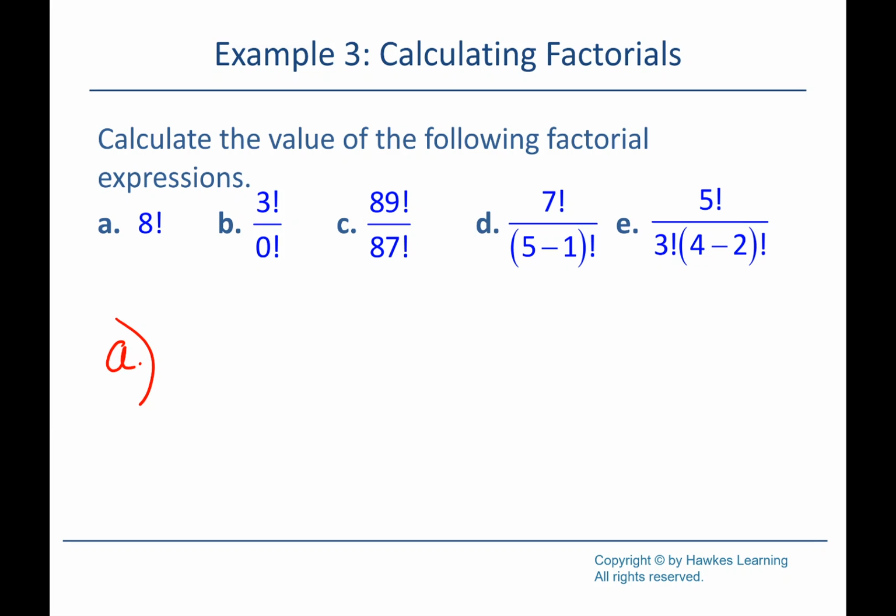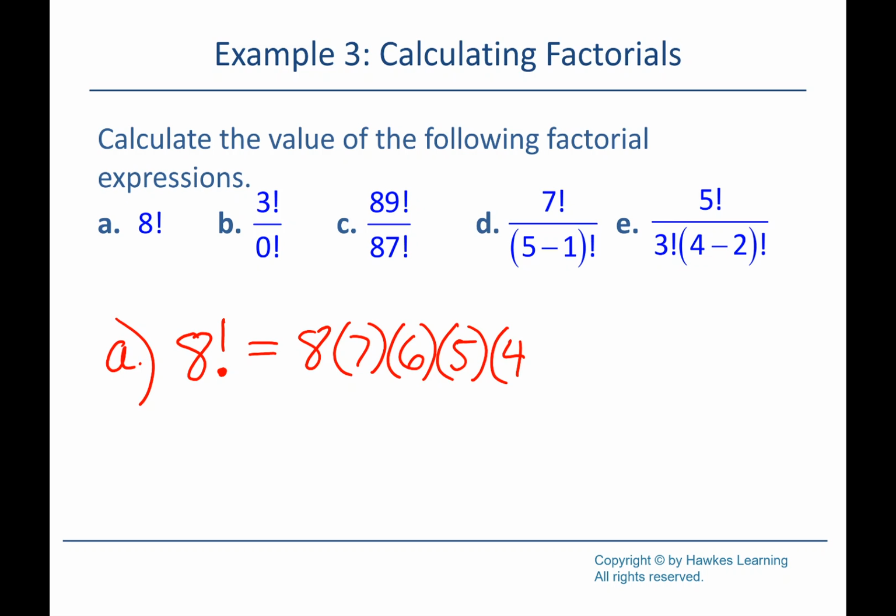If we do A, we want to simplify 8 factorial. So 8 factorial means 8 times 7 times 6 times 5 times 4 times 3 times 2 times 1.